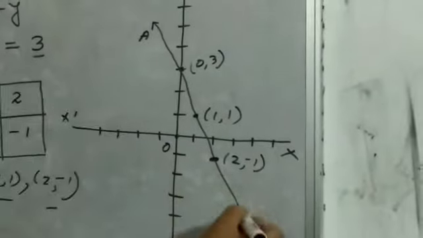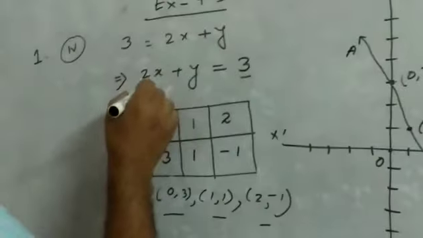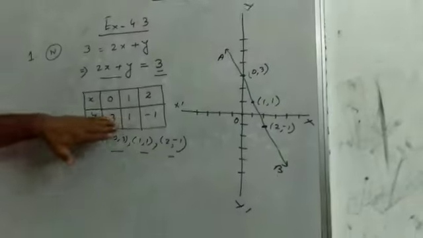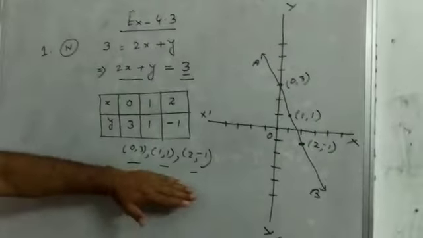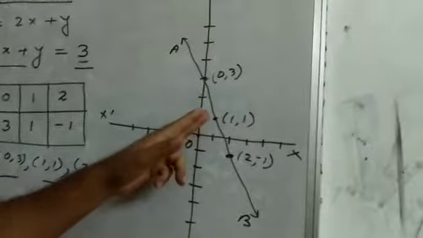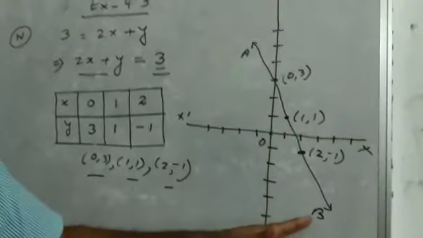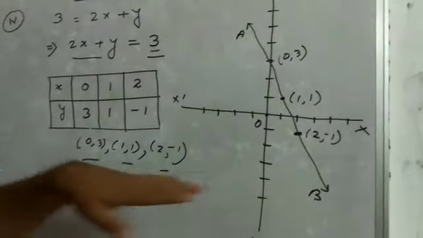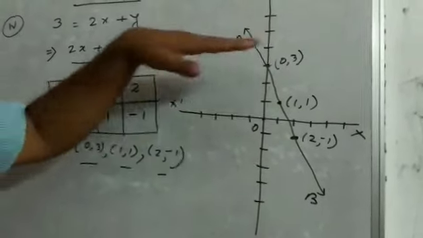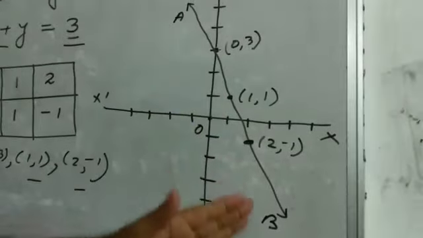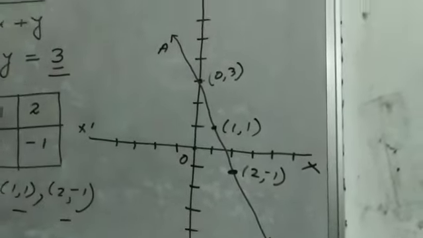So this is the graph of the equation 2x plus y is equal to 3. So the steps are: find the correct solutions, plot the points. If the solutions are correct and the plotting is correct, then you will get a straight line. So the graph is finished. We plot the points in the Cartesian plane, join the points by scale and we get a straight line. So this is the graph of this equation.